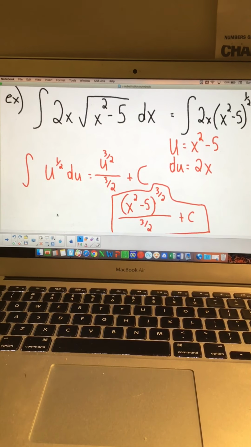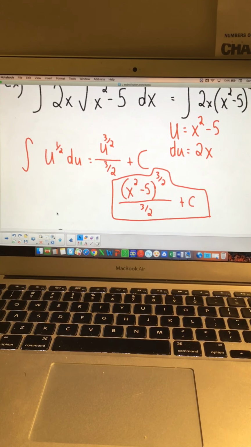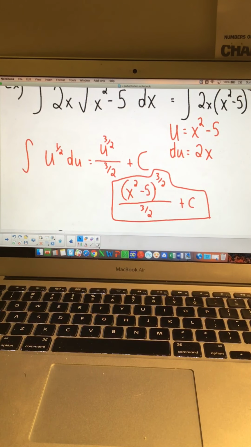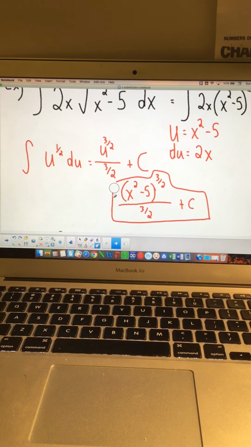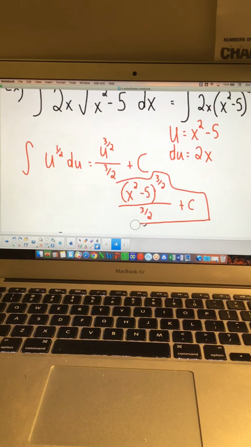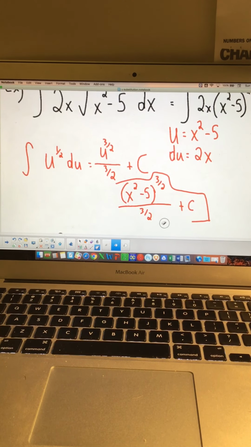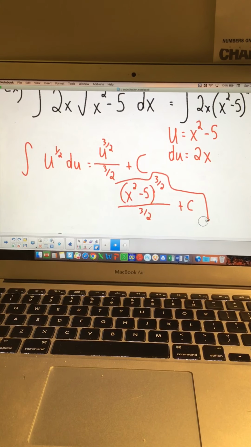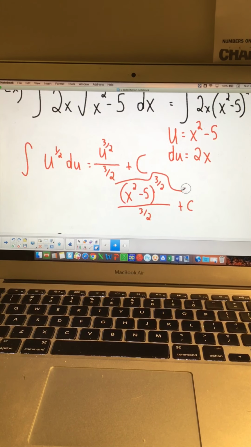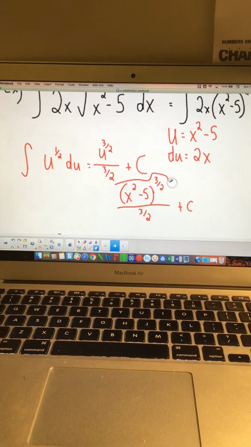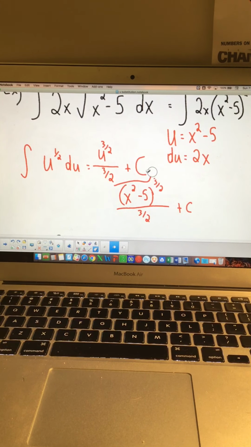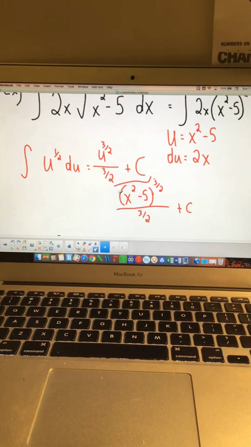Alright, now you have to bear with me. I had some technical difficulties. Alright, we would not want to leave this how it is here. We want to write this with no fractions, and we want to write it with no rational exponents.